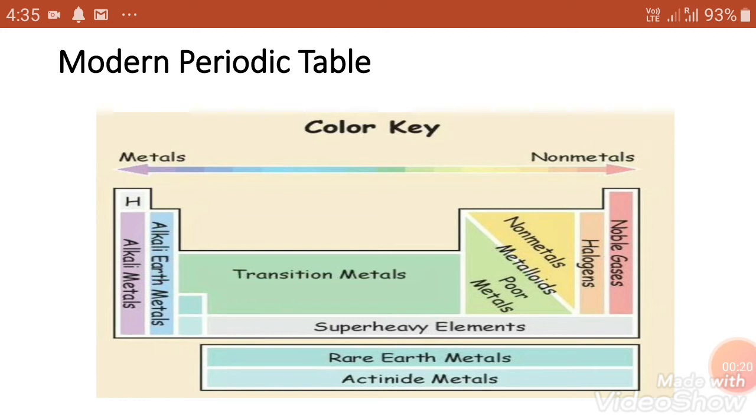Why are they called the noble gases? Because these gases have a complete octet of electrons, so they are not going to react with any elements in the universe.